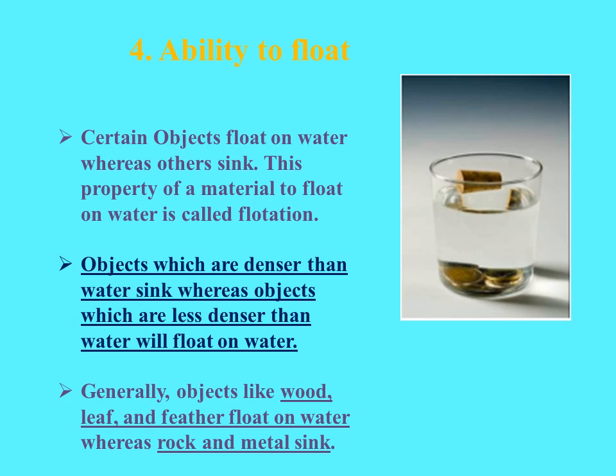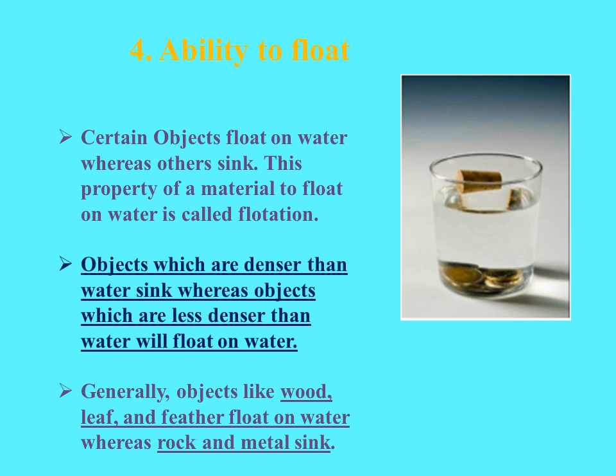Materials can be classified based on sinking or floating in water. Certain objects float on water whereas others sink, and this property of a material to float on water is called flotation. Objects which are denser than water sink, whereas objects which are less dense than water float on the surface of water.